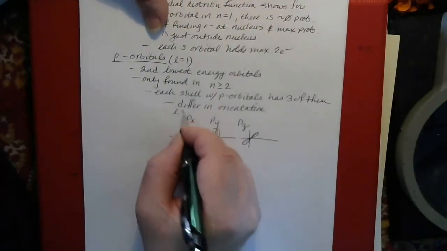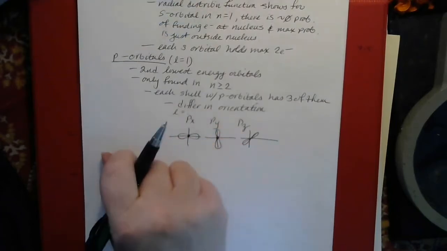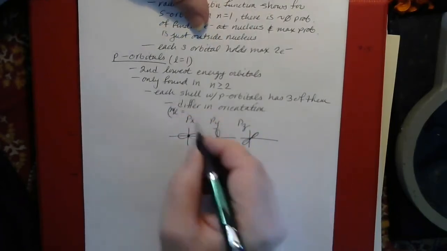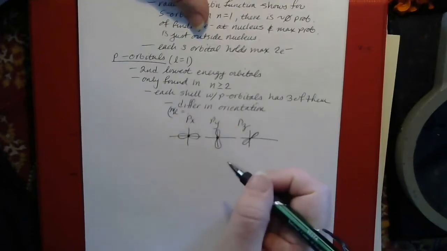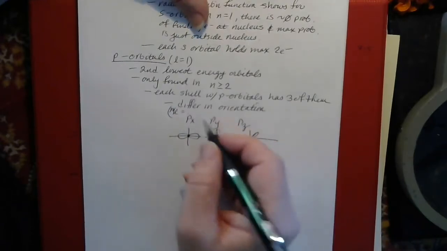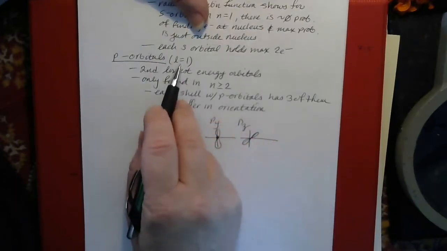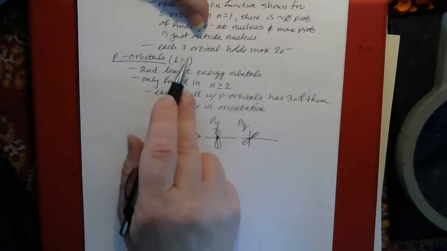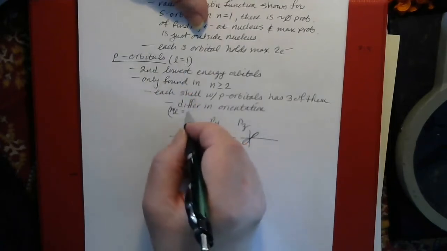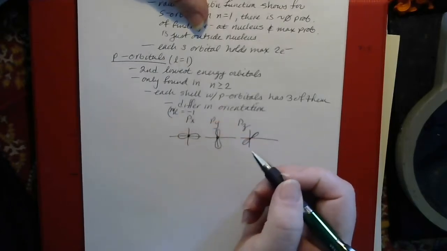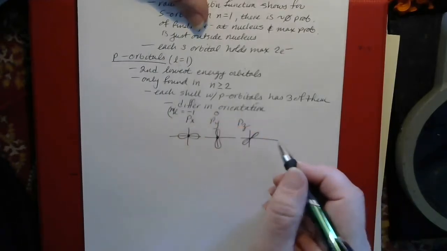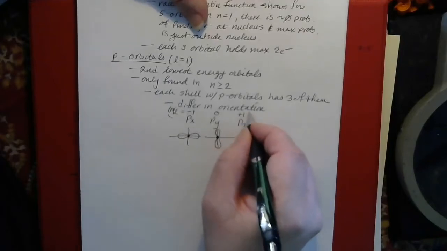Also, the px, py, and pz correspond to the 3 values for M sub L. Because if L equals 1, the 3 possible values for M sub L would be -1, 0, and +1. So one of these orbitals would be -1 for M sub L, another would be 0, and the other one would be +1.